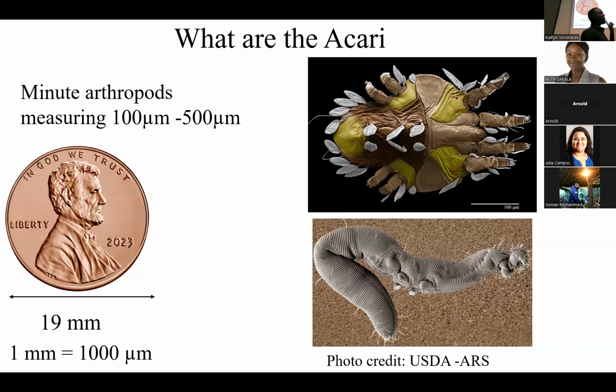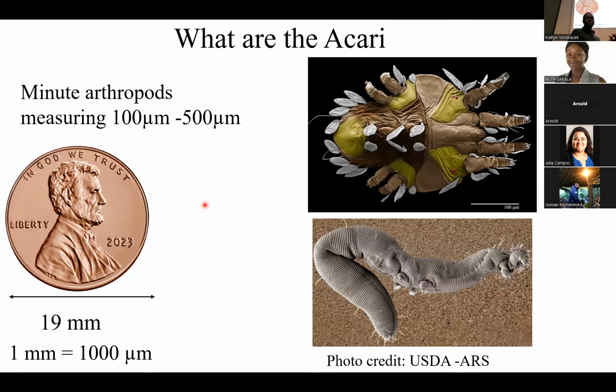So here I have, if I can get my pointer working, I think it's a penny, right? Or a cent, it's a penny. Yes, and this penny in diameter is 19 millimeters. So just imagine if I just pick up the biggest Acari that I have here, which is of 500 micrometers.